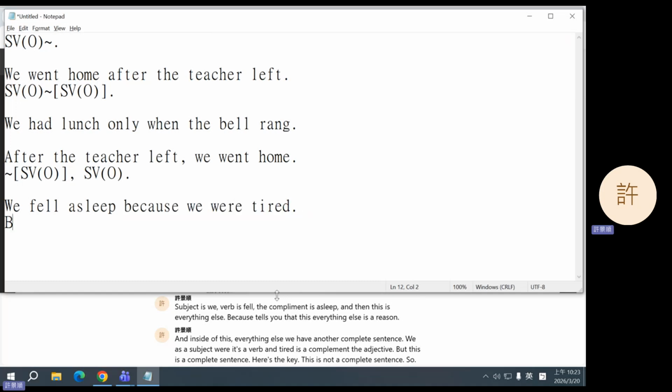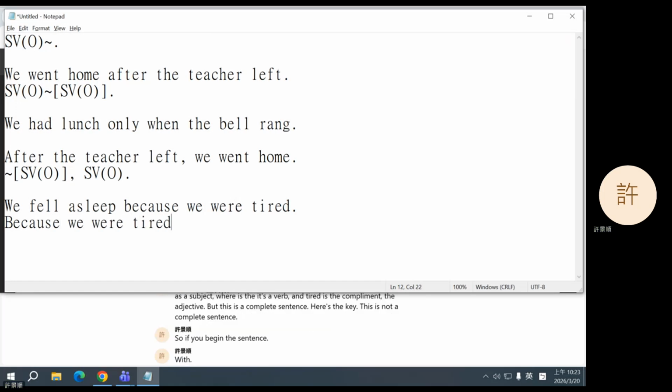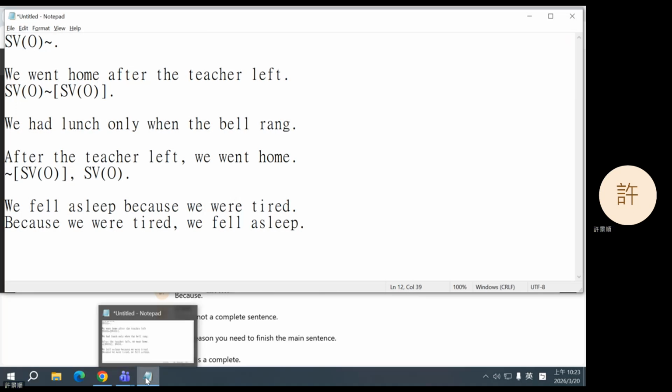So if you begin the sentence with because, this is not a complete sentence. It's a reason. You need to finish the main sentence. Now it's a complete sentence, right?